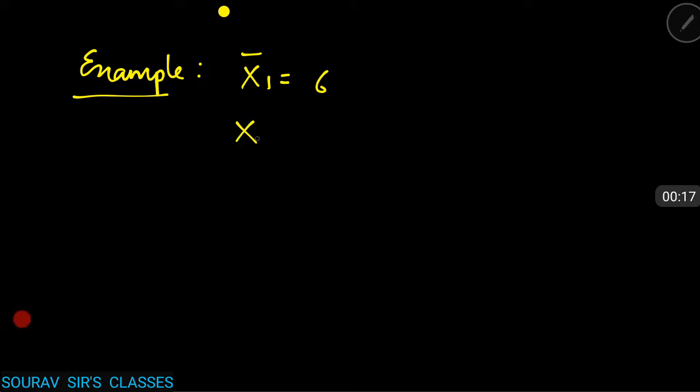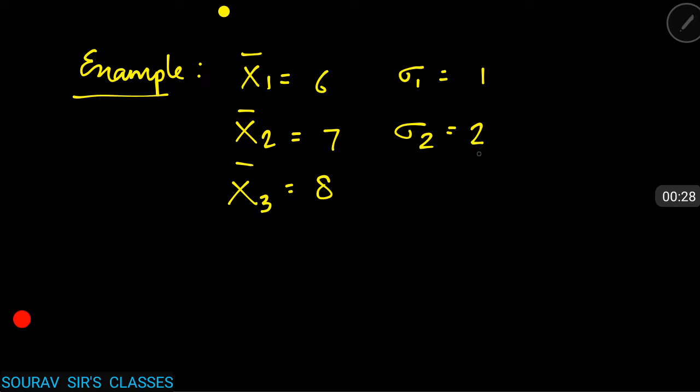This video is a continuation of the examples of regression equation. So the example, given data x1 bar is equal to 6, x2 bar is equal to 7, x3 bar is equal to 8, sigma 1 is equal to 1, sigma 2 is equal to 2, and sigma 3 is equal to 3.